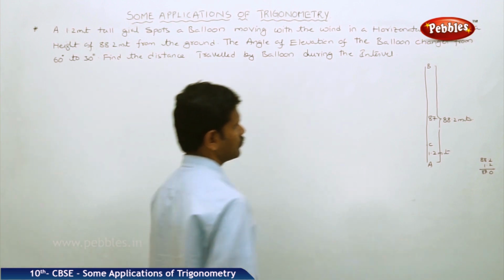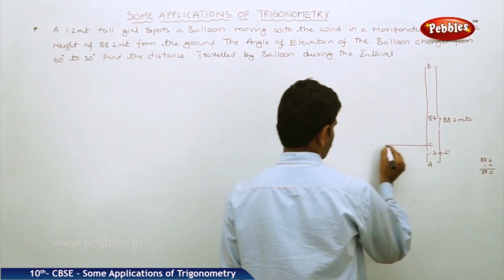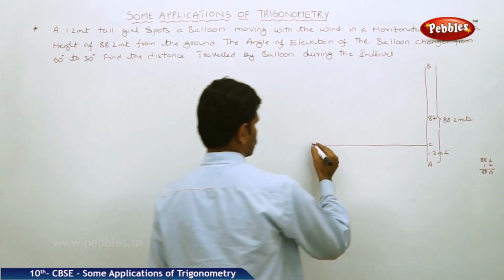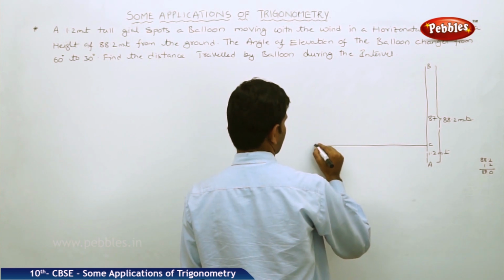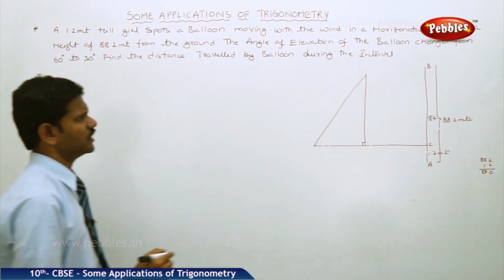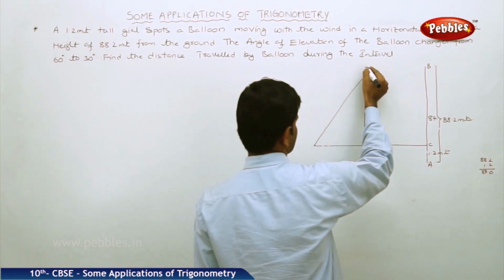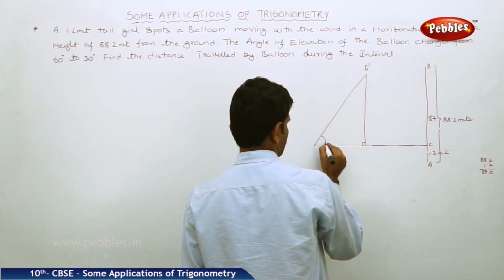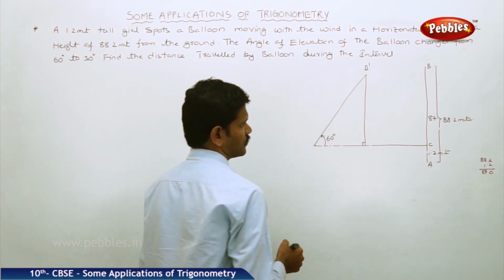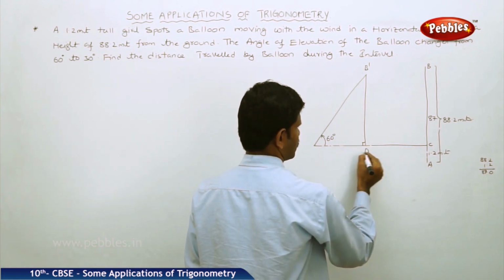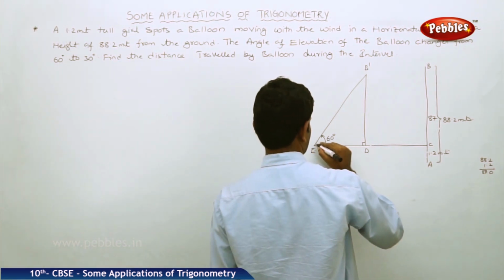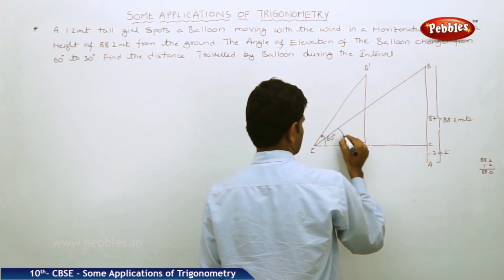Now from a point on the ground, the angle of elevation at the very beginning is 60 degrees. After some time, it changes to 30 degrees.